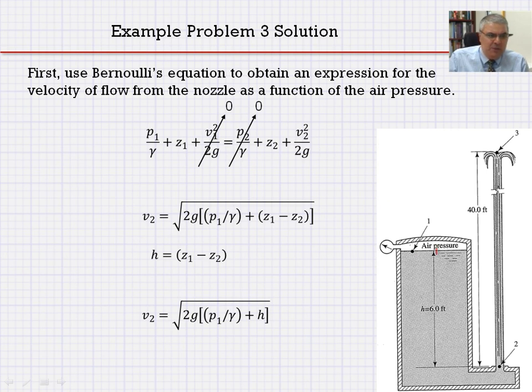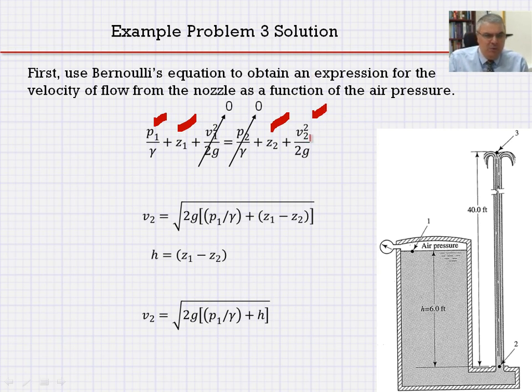This is under pressure. So we keep the term P sub 1, we keep Z sub 1. These other terms drop out. We keep Z sub 2, and we keep V sub 2 squared divided by 2G. All the non-zero terms, of course, stay within the equation.